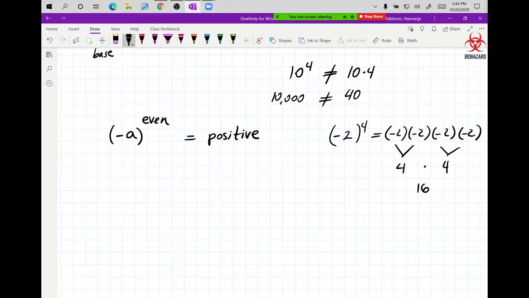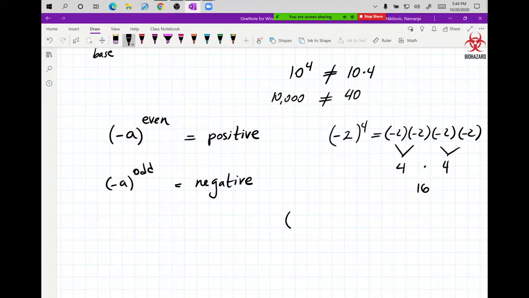Now, if the number is negative and the exponent is odd, you will have a negative answer, because you will always have an odd number of negative signs.